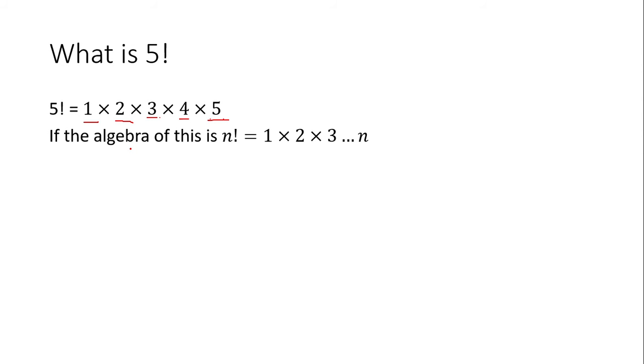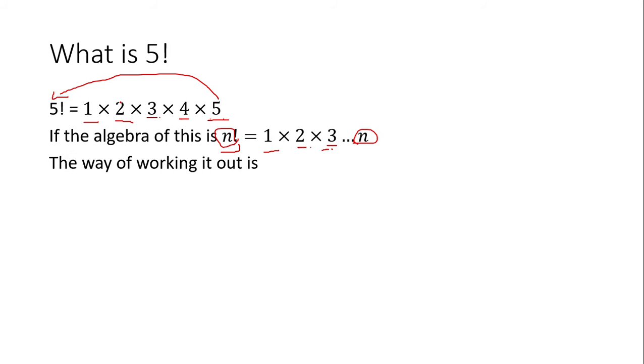In algebra, it would look like n exclamation mark is 1 times 2 times 3 until you reach n, which is the same number, like I said here. It's the same number here as well.